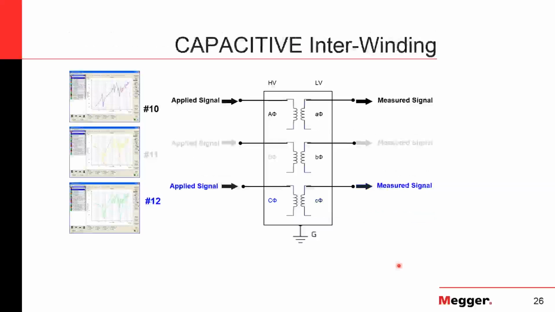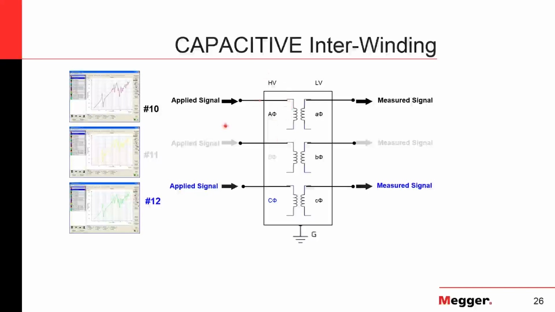So now we have our 9 basic tests. We have our 6 open circuit tests and then our 3 short circuit tests. And then the other ones that you want to do, of course, is your capacitive and inductive interwinding. So once again, your capacitive interwinding is similar to your power factor, but phase by phase now.